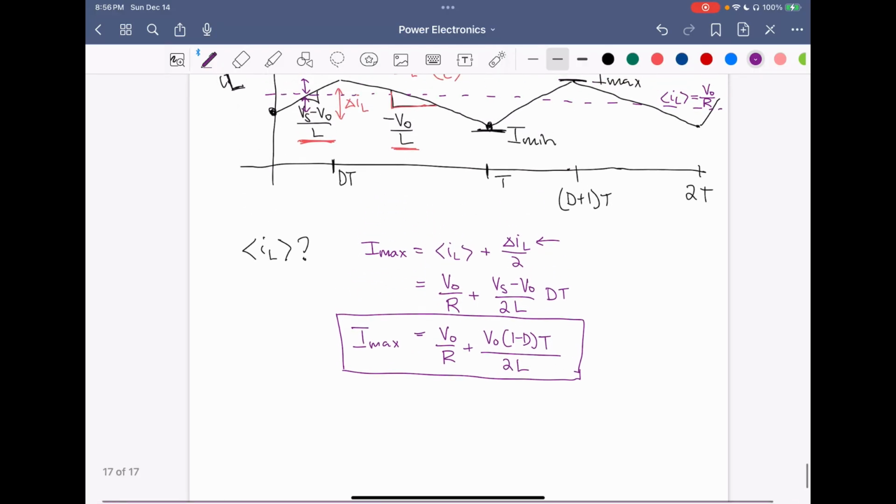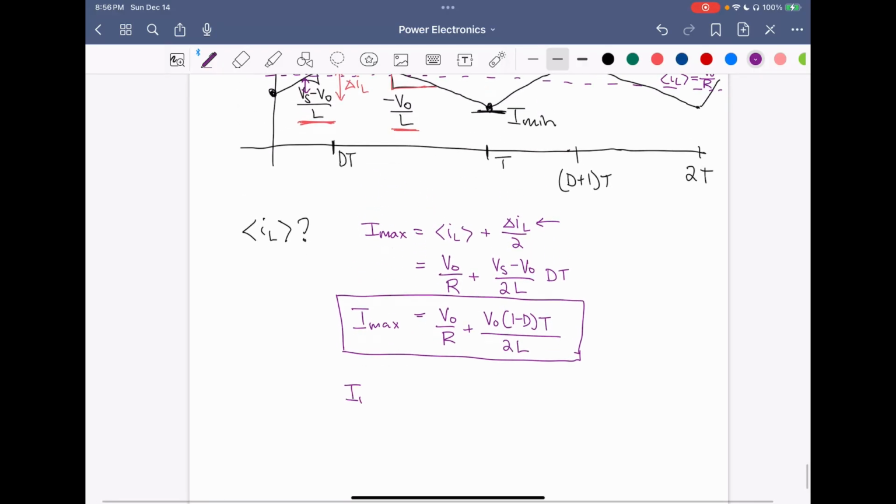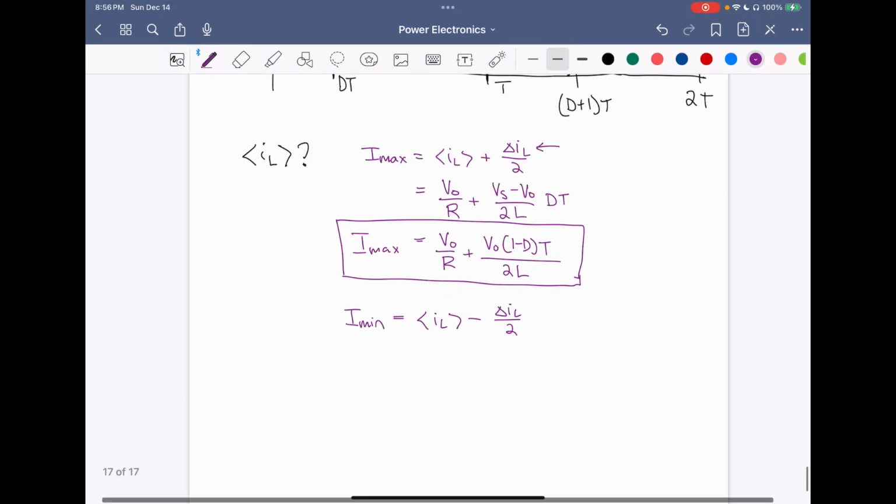Now, the minimum inductor current follows easily from this. It just equals the average inductor current minus delta IL over 2. So therefore, we have the same expression except a minus sign here.